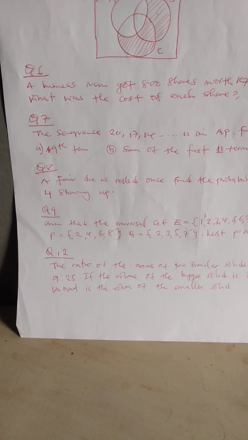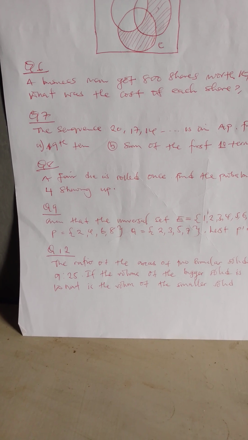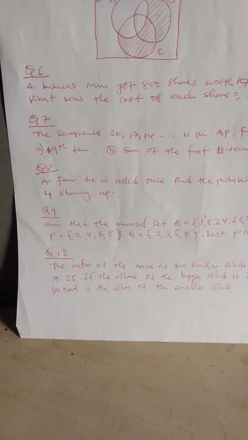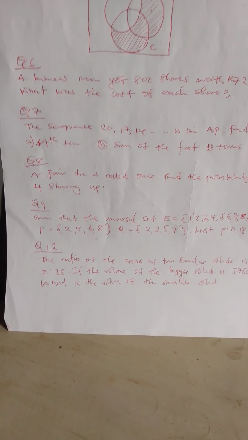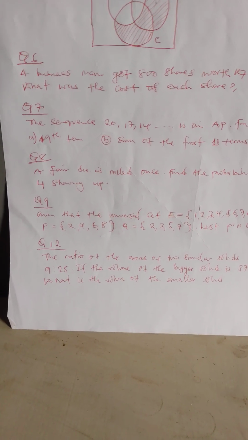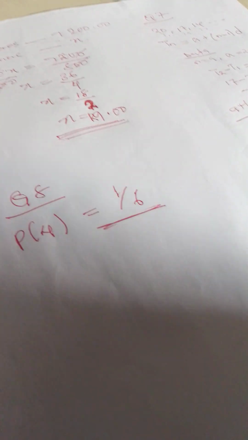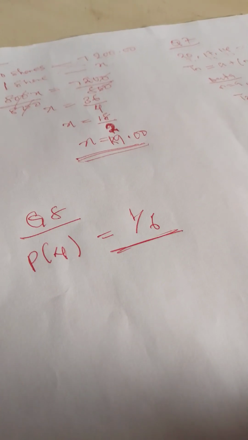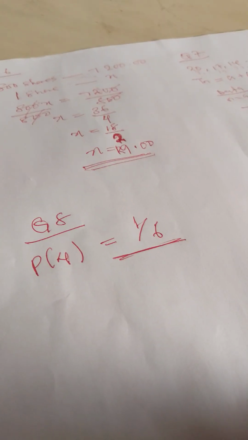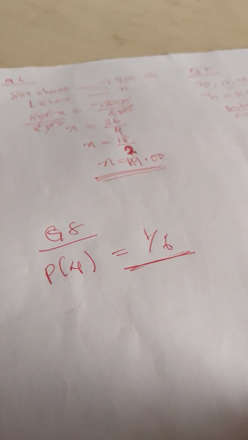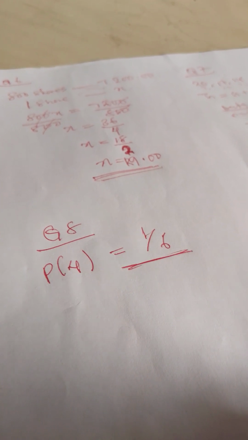In this case, since they are asking for the probability that a 4 will show up, and it is just rolled once, and a die has got 6 sides, the probability of a 4 showing up is automatically 1 out of 6. No need of stressing. 1 out of 6.